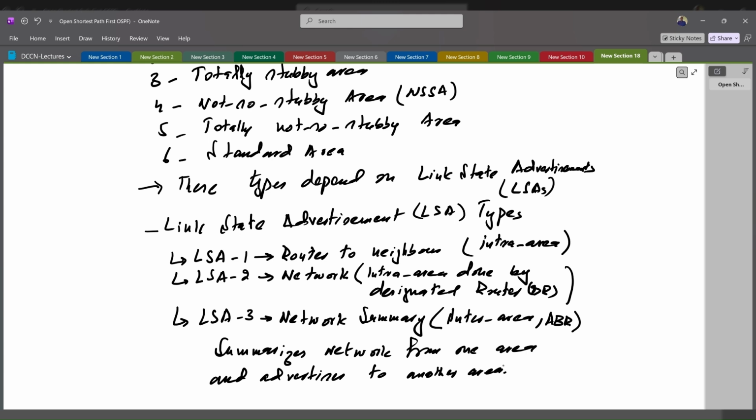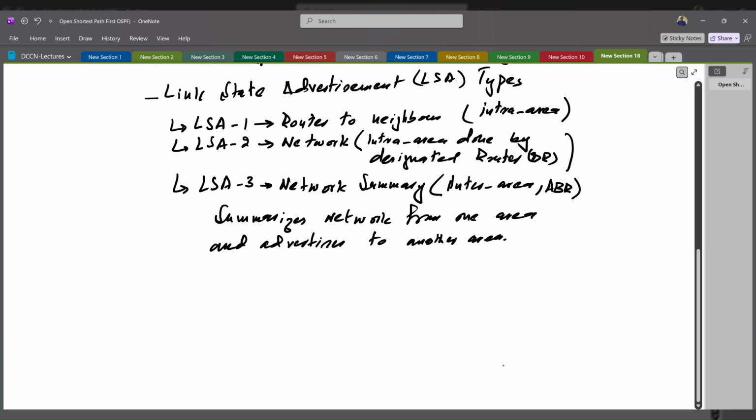Okay, so we take a summary of one area and then we advertise it to another area.